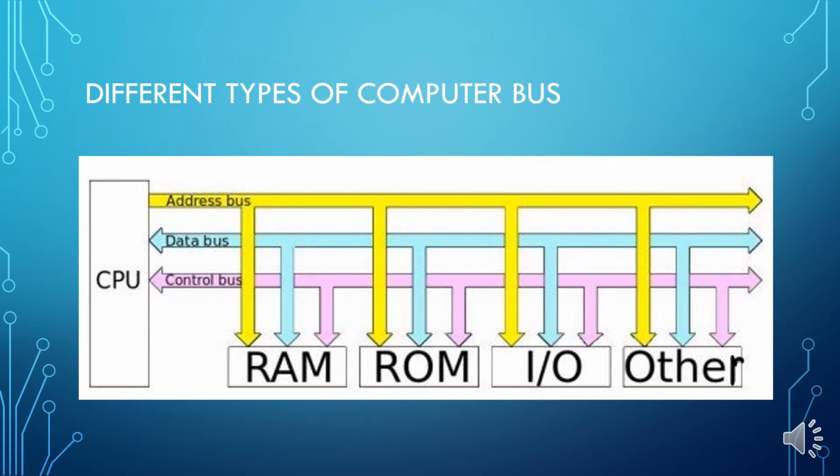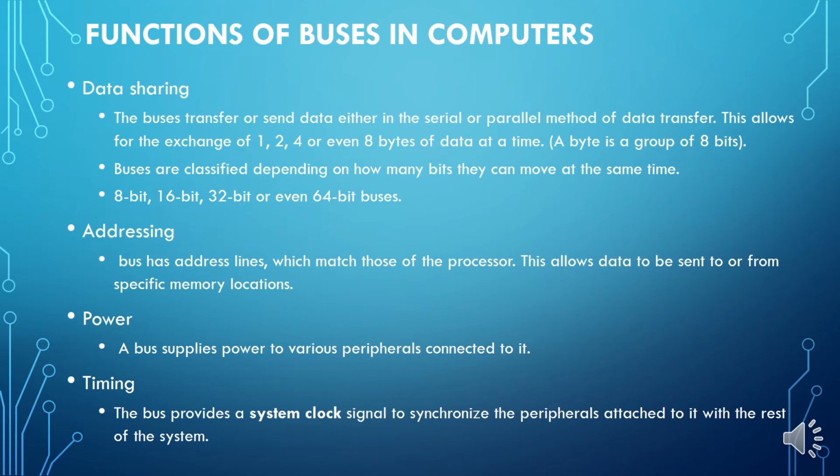Only address bus is one way while data bus and control bus are two way. One way means the CPU can only send signals to RAM, ROM, IO and others, while data bus and control bus can send as well as receive to and from the CPU to other RAM, ROM, IO or other peripheral devices.